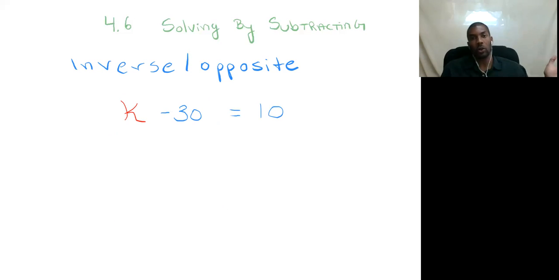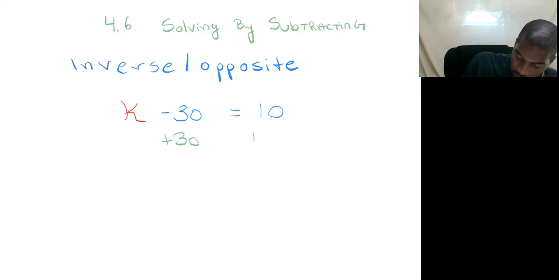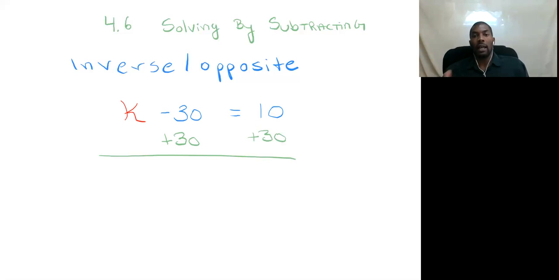My first step is to identify my operation. And what's my operation? Well, it's subtract 30 to get to 10. So the opposite of that would be addition, or let's add 30 to both sides, and let's find out what number gives us k. So you drop the k because nothing's happening to it.